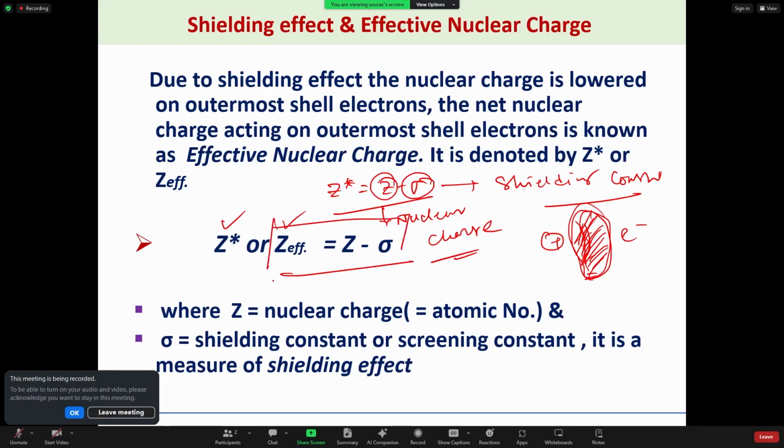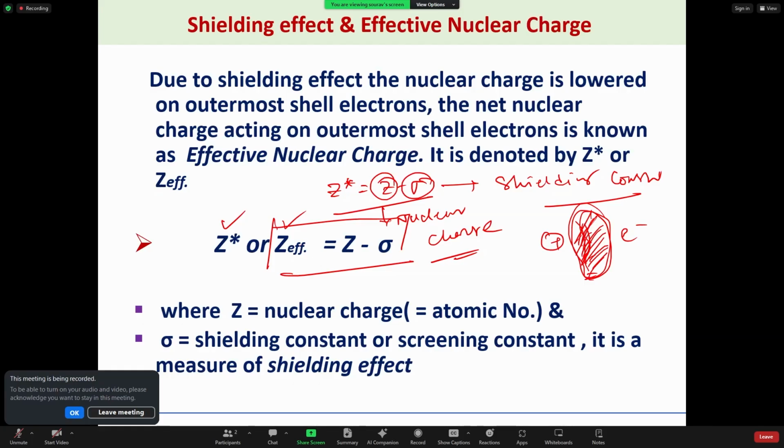This is a very important equation. So Z effective or Z star is equal to Z minus sigma, where Z effective is the effective nuclear charge, Z is the nuclear charge, and sigma is the shielding constant. The shielding constant means how much the outer shell electron is shielded from this nucleus, or how much this inner shell electron is shielding this outer shell electron from this nucleus.